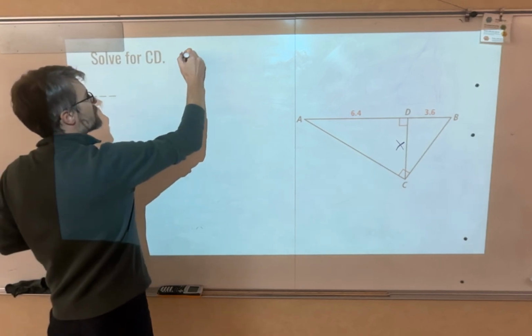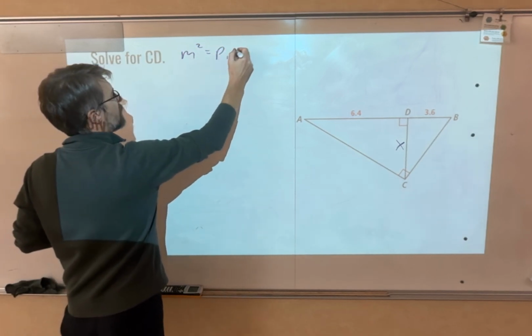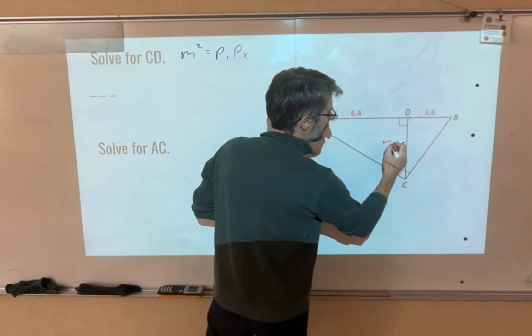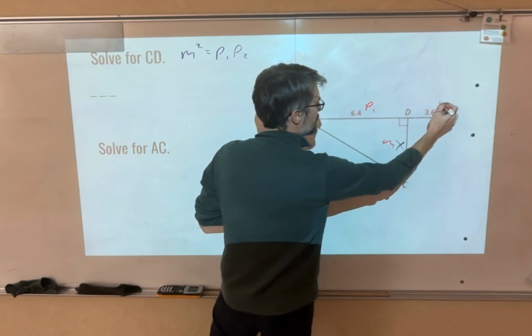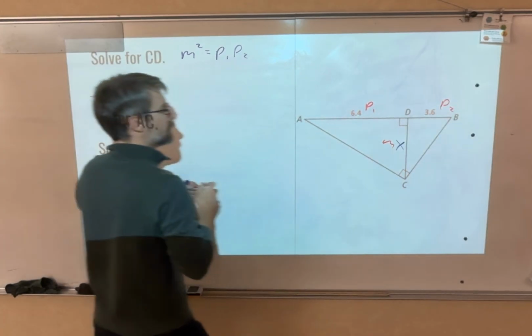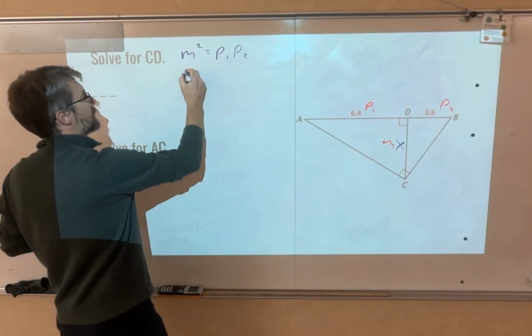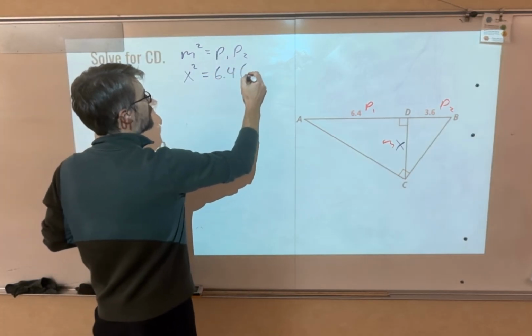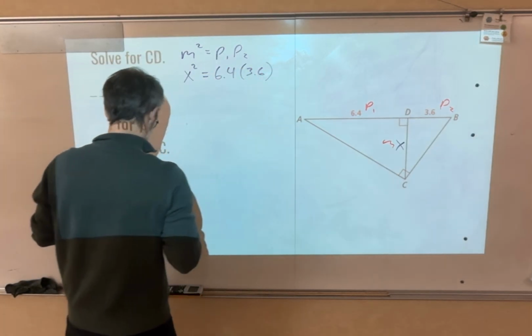So if we use middle squared equals P1, P2, this is going to be my middle. This is P1, this is P2. I can just plug everything in. We have x squared. It's equal to 6.4 times 3.6.